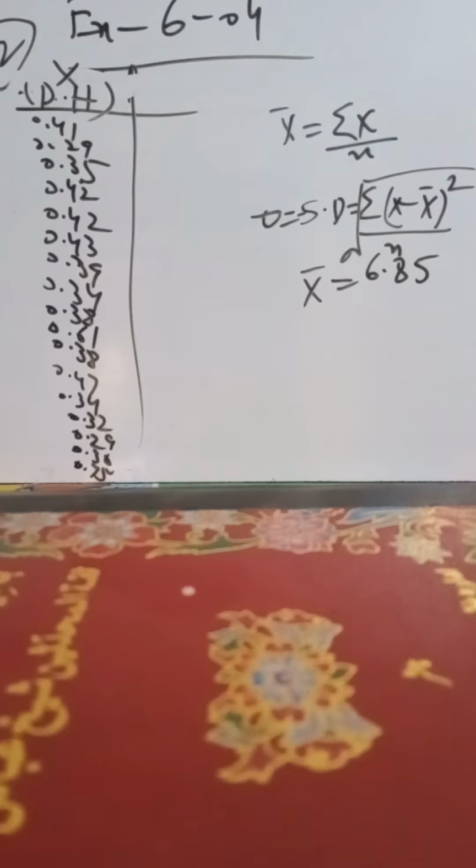0.29 plus 0.35 plus 0.42 plus 0.42 plus 0.43 plus 0.39 plus 0.34 plus 0.75 plus 0.34 plus 0.38 plus 0.47 plus 0.34 plus 0.32 plus 0.29 plus 0.3 plus 0.61 plus 0.38. 7.23 is the value.